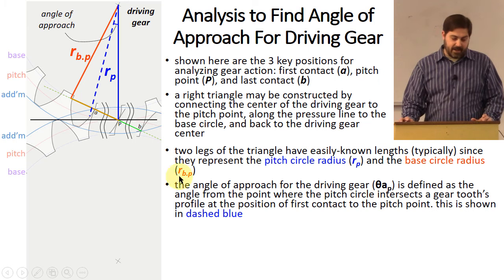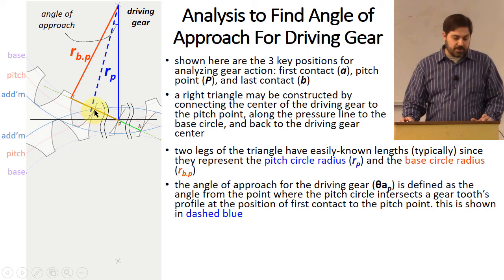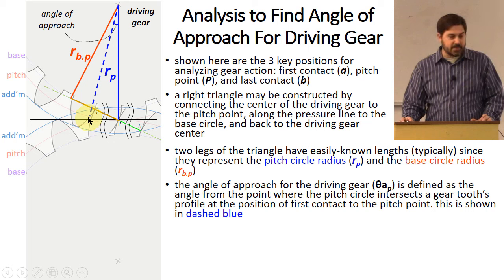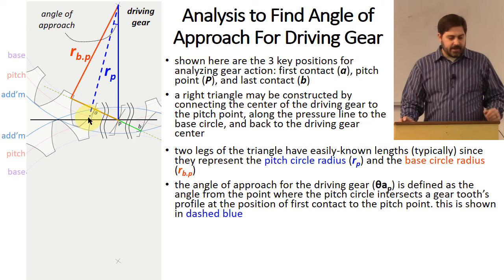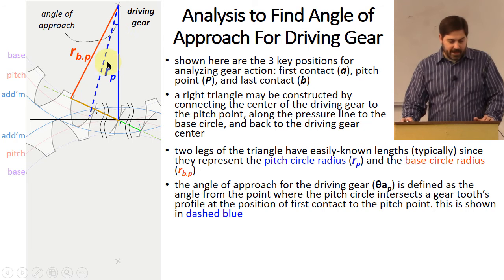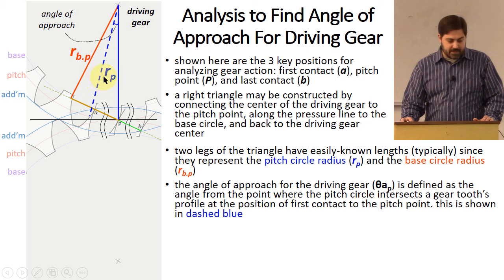It does not have to hit right at the point of first contact because we also have this profile of the tooth that is actually getting into that geometry there. Okay? Now, if you'll notice, because that line is also going to the pitch circle, it will have the same radius as R sub P that I listed over here initially.